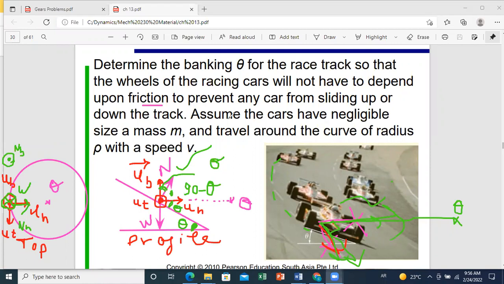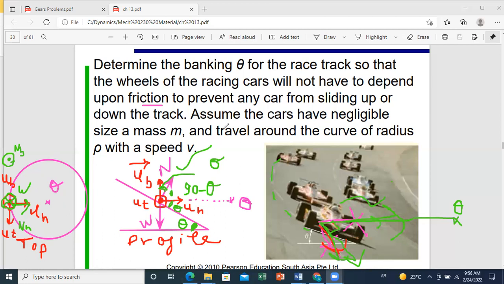Okay, why isn't UB along N and UN parallel to the ground? Look, how can UB be along N? UB is perpendicular to the plane of motion. Your plane of motion is a horizontal circle. If I give you a horizontal circle, UB should be perpendicular to it.